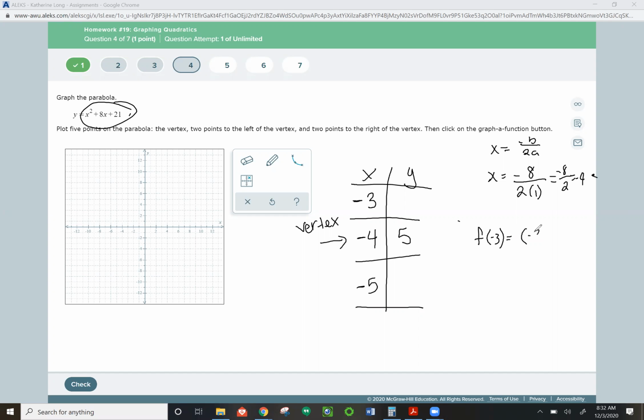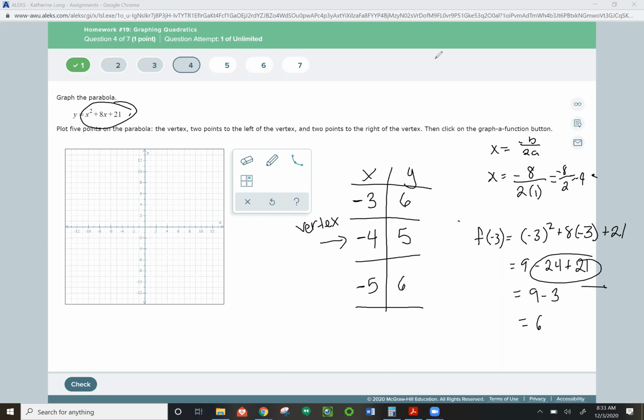So I have negative 3 squared plus 8 times negative 3 plus 21. All right, so negative 3 squared is a positive 9 minus 24 plus 21. Negative 24 plus 21 gives me a negative 3. 9 minus 3 is 6. So I know since negative 3 is 6, that negative 5 will also be 6, okay?